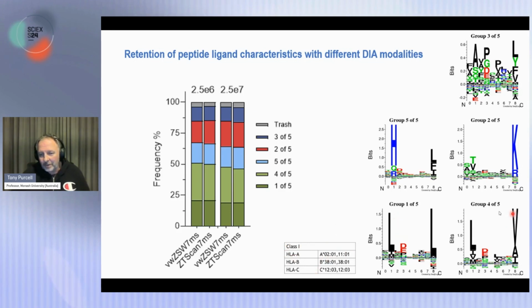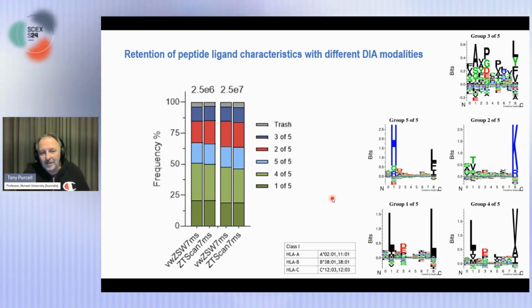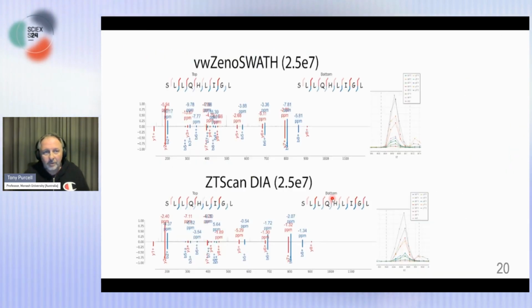So for example, group 1 and group 4 here are two different subsets of HLA-A2 ligands. Group 2 represents the A11 ligands and so forth. So we're not biasing towards a certain type of peptide using the ZT scan relative to the variable window SWATH experiments.